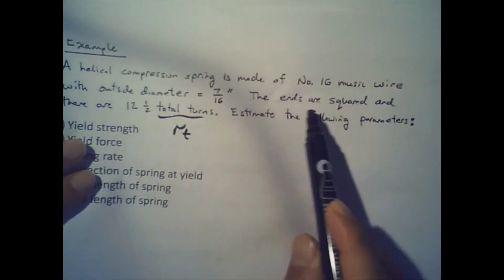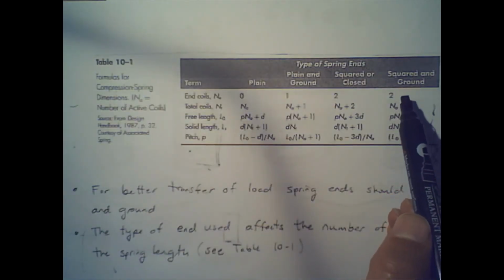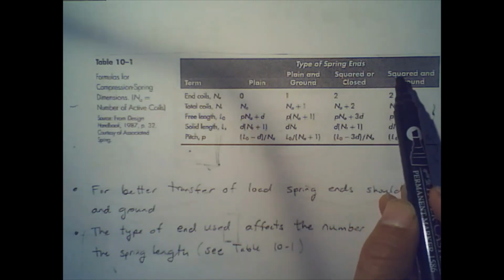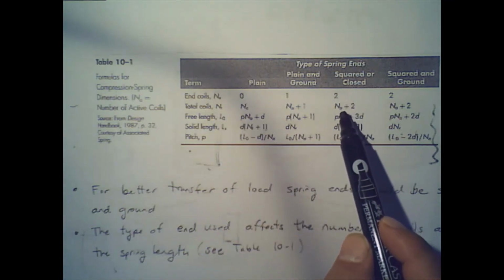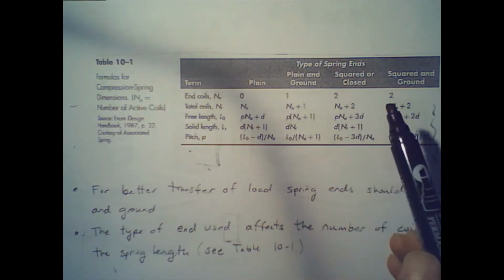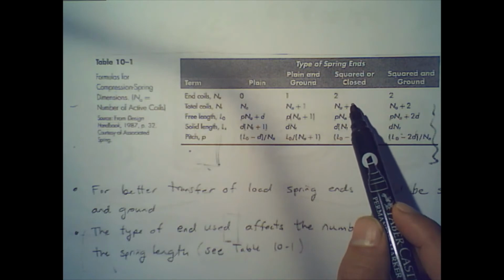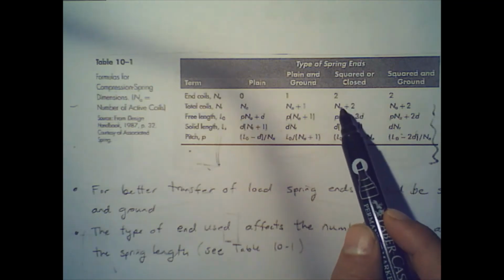The ends are squared, so here you're going to go to squared. In the case of squared, it doesn't really matter if they are squared and closed or squared and ground. Why? Because the total number of coils is equal to NA plus 2. Essentially, when you are closing the spring, two coils are not being used, because one coil is being used to close one end and the other coil is being used to close the other end, and that is why it's going to be NA plus 2.